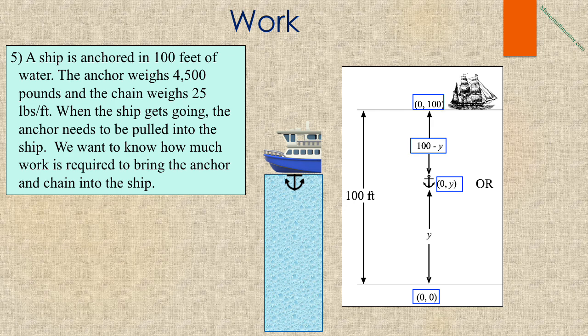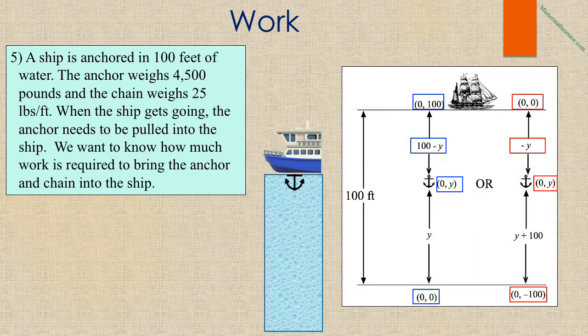The anchor will be at the general point (0, y) during the time that the anchor is raised. So to find out how much chain there is between the water level and the anchor, we subtract top minus bottom, and we get 100 minus y. We can see all those important values in blue.